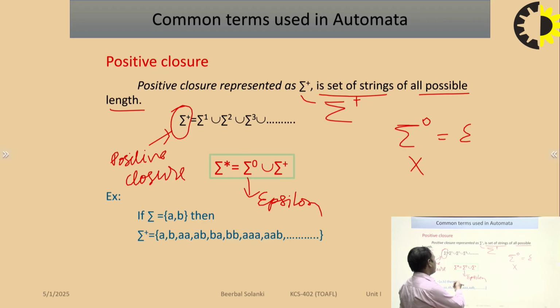So we consider for the Kleene closure the 0 length and the positive closure.